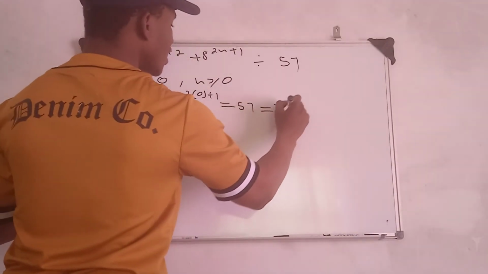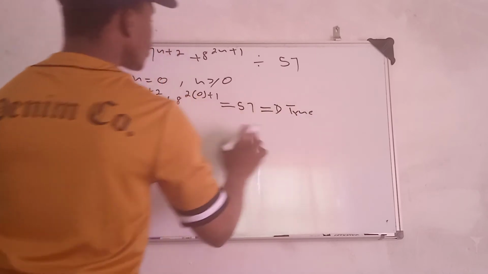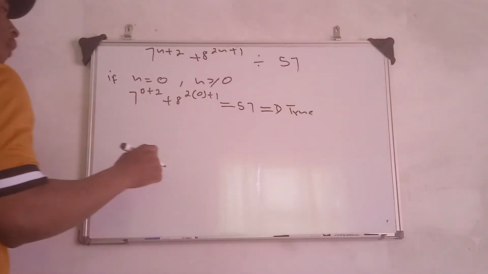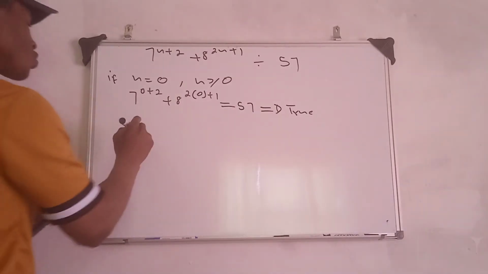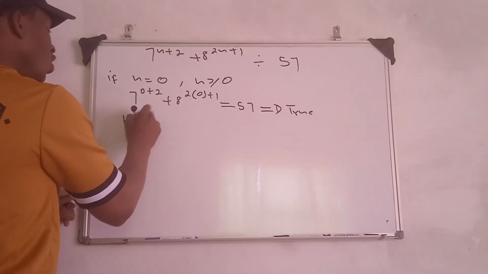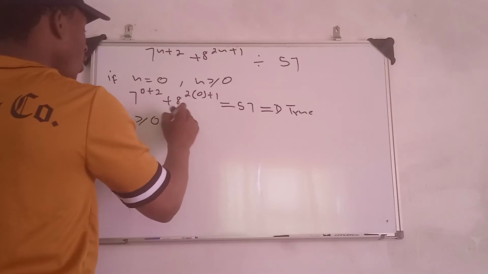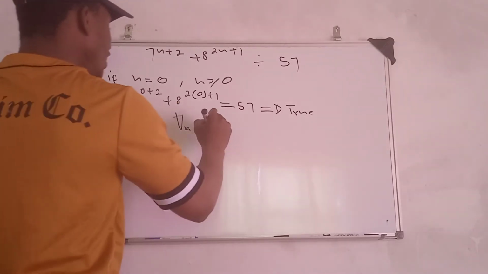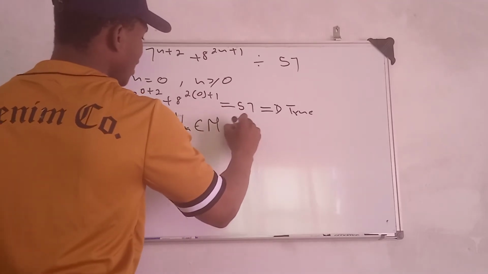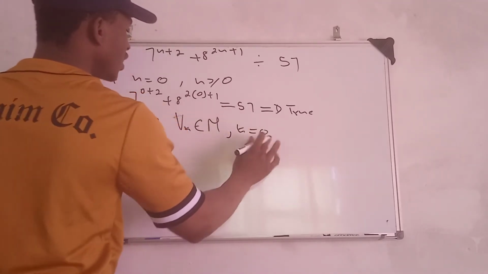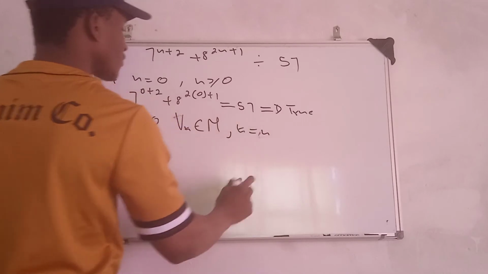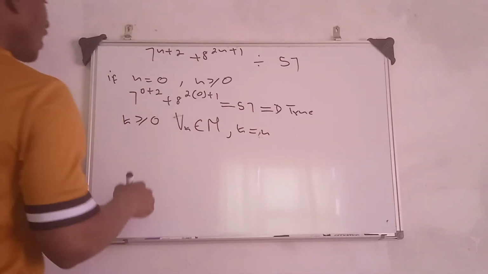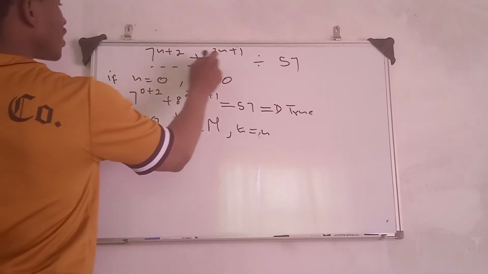That means this thing is true. So if this is true, we can go back and make our hypothesis. If this is true, then k is greater than or equal to 0 for all k in the set of natural numbers. Therefore, k equals n. Wherever I'm seeing n, I'm going to put k. And this is our statement.